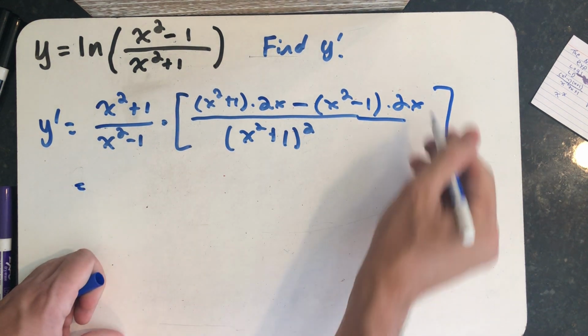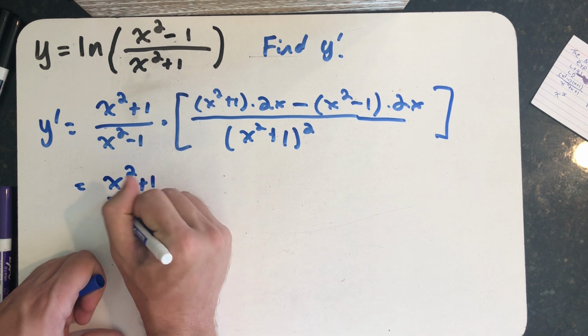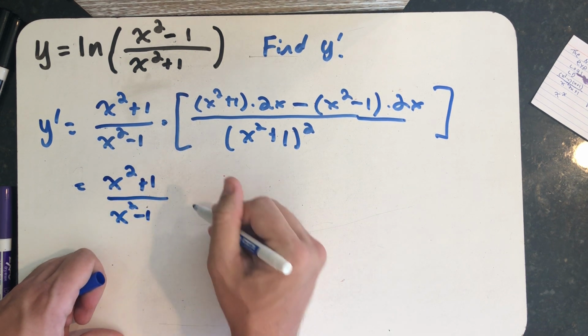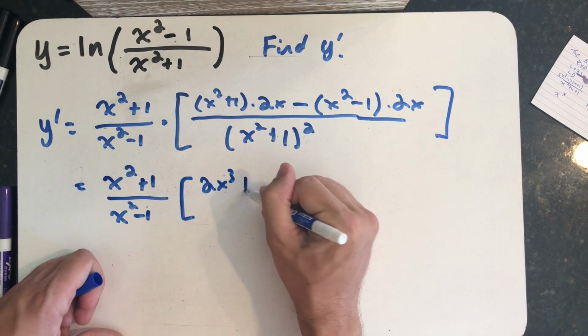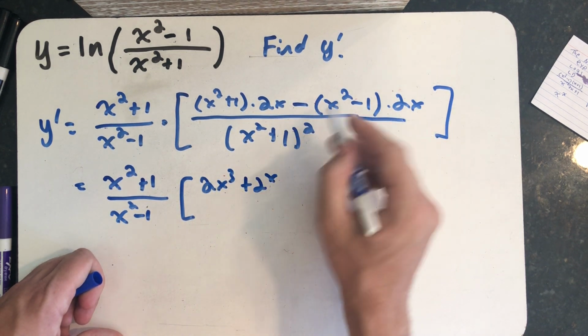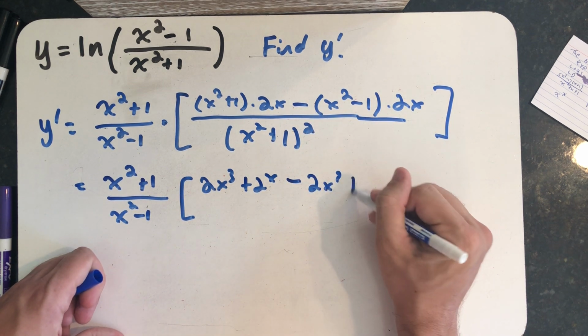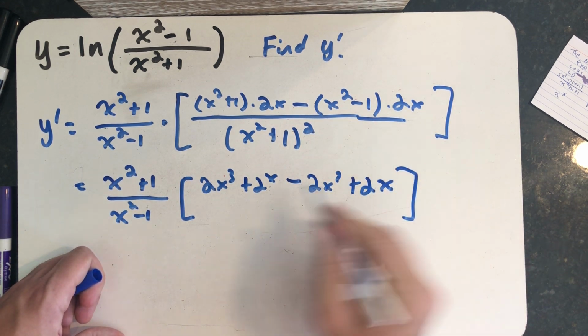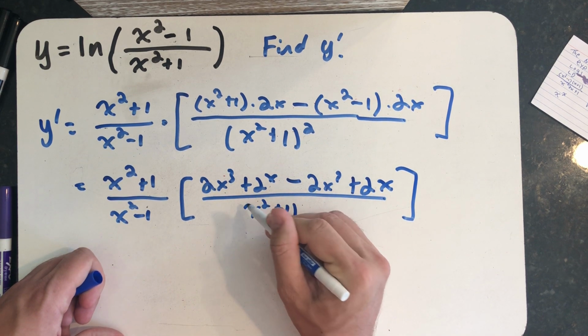All right, let's see if I can do some simplifying, at least on the top of that fraction. Let's see, I'm going to have a 2x cubed plus 2x minus 2x cubed plus 2x, all over x squared plus 1, all squared.